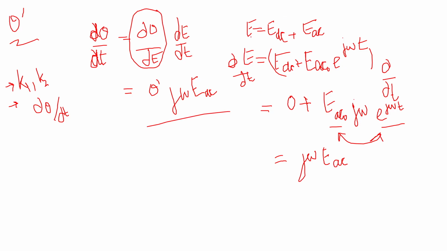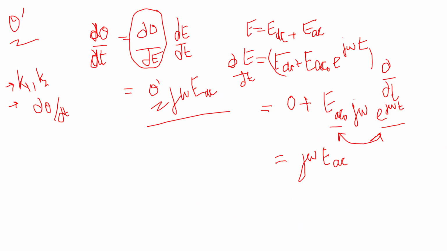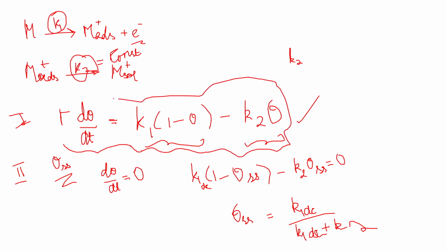Now how to find out this theta dash? We are doing this to find out theta dash and substitute in IAC, then your work is done. Why are we finding out dou theta by dou t? Because we can substitute this in the first equation we have learned. Which is the first equation we learned? This one: gamma dou theta by dou t equal to the rate.